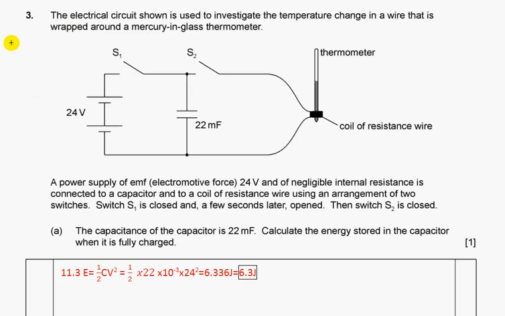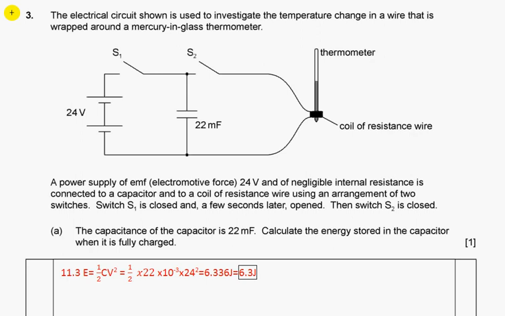Question 3. The electrical circuit shown is used to investigate the temperature change in a wire that is wrapped around a mercury glass thermometer. A power supply of EMF 24 volt and negligible internal resistance is connected to a capacitor and to a coil of resistance wire using an arrangement of 2 switches. Switch S1 is closed and a few seconds later opened.